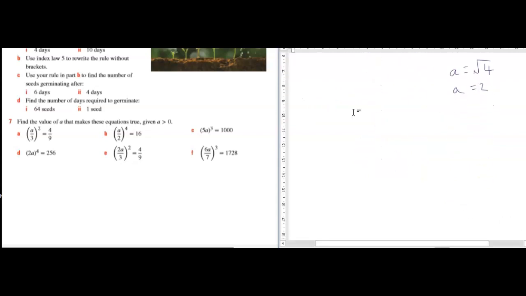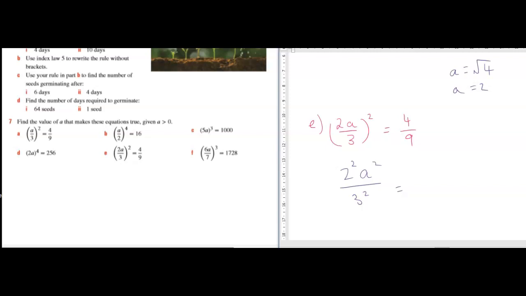All right, let's have a look at doing a harder one. So I might do E and then I might do F. 2a over 3 squared equals 4 ninths, again, just coincidental. Okay, so the 2, remember, relates to that 2 and the a, so don't forget both of them.